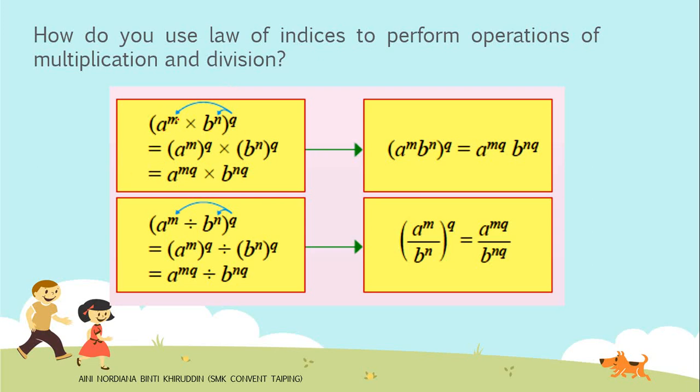So a to the power of m times b to the power of n, in brackets, to the power of q. We can conclude that it is a to the power of m times q and b to the power of n times q. For division it is the same thing, but here is division, here multiplication.